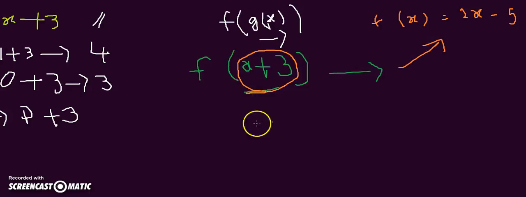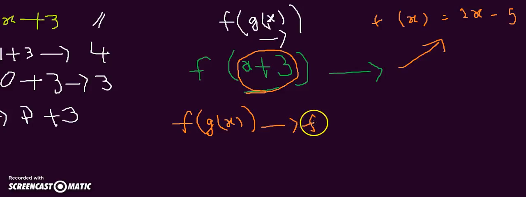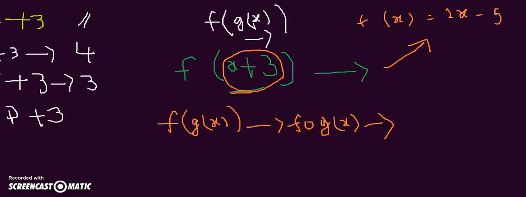So you will get f of g of x, that is nothing but fog of x, which is equal to 2 into, in place of x you have to put x plus 3, minus 5.